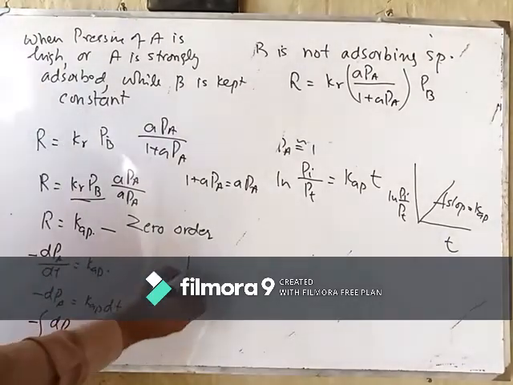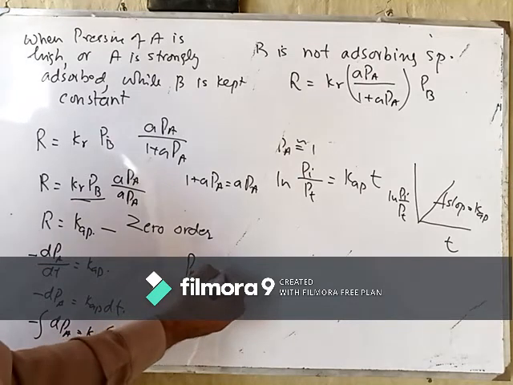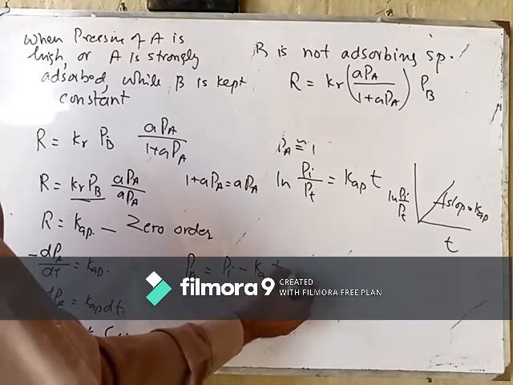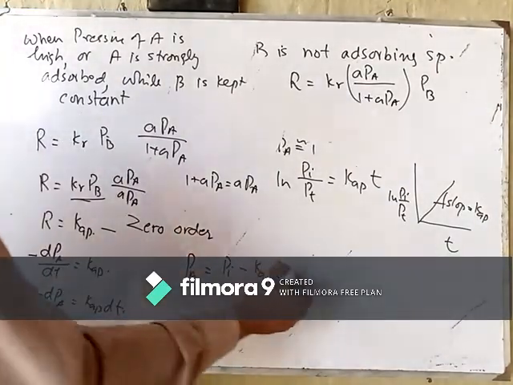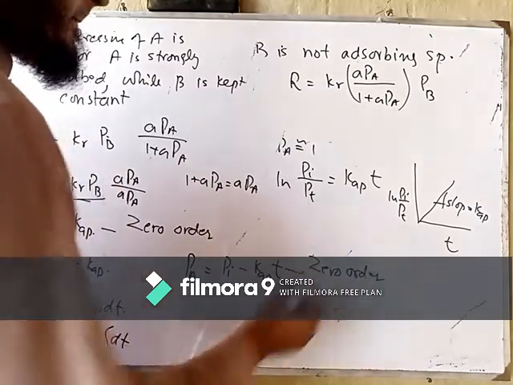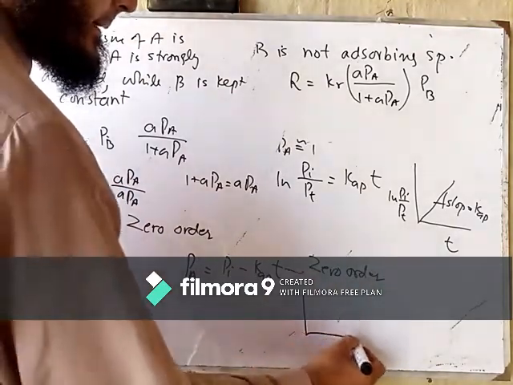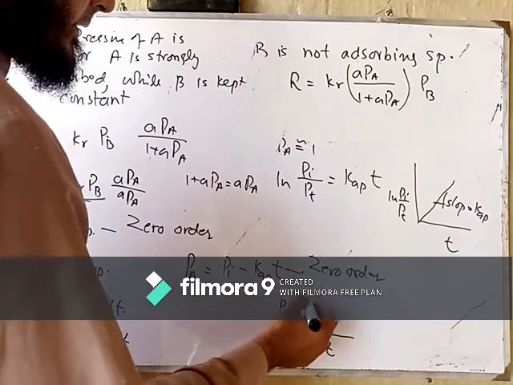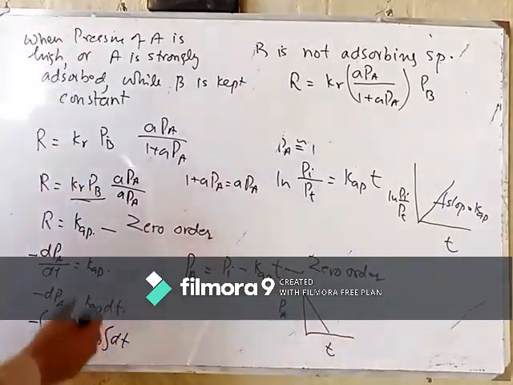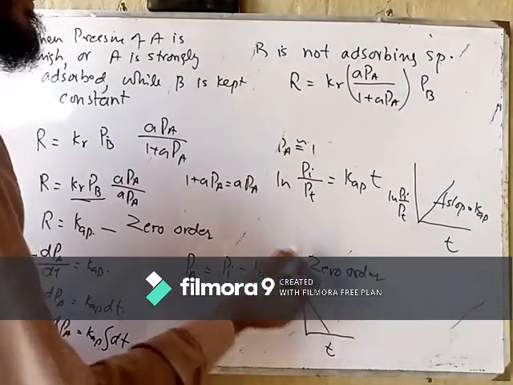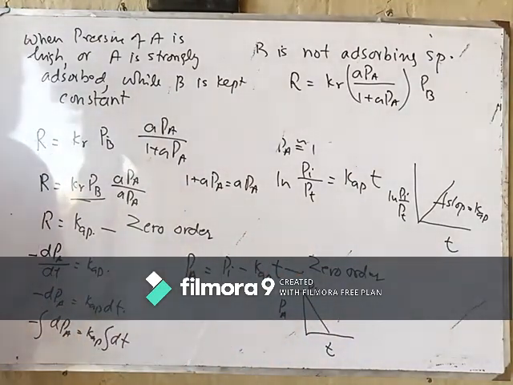It gives PA is equal to PI minus K apparent and T. This is for zero order equations. और अगर हम T versus PA को plot करते हैं, so we get this equation. This intercept is PI, initial pressure of the A.